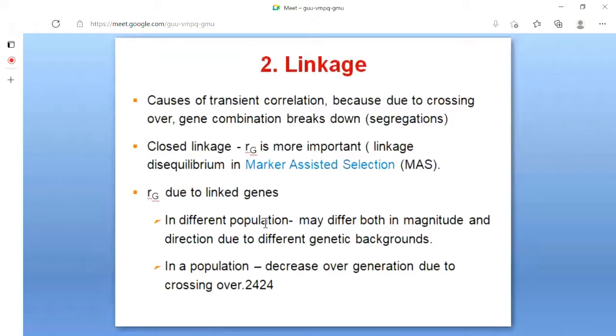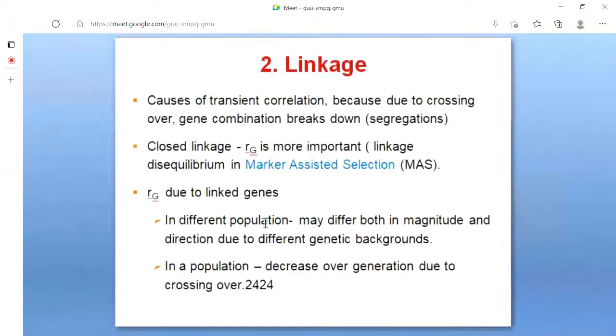If they are closely linked, because there is no chance of recombination or crossing over taking place between those two genes, then in those cases these two characters will always be inherited together. If there is a change in one gene, then the other one also will change. Suppose you have two genes, A gene and B gene.